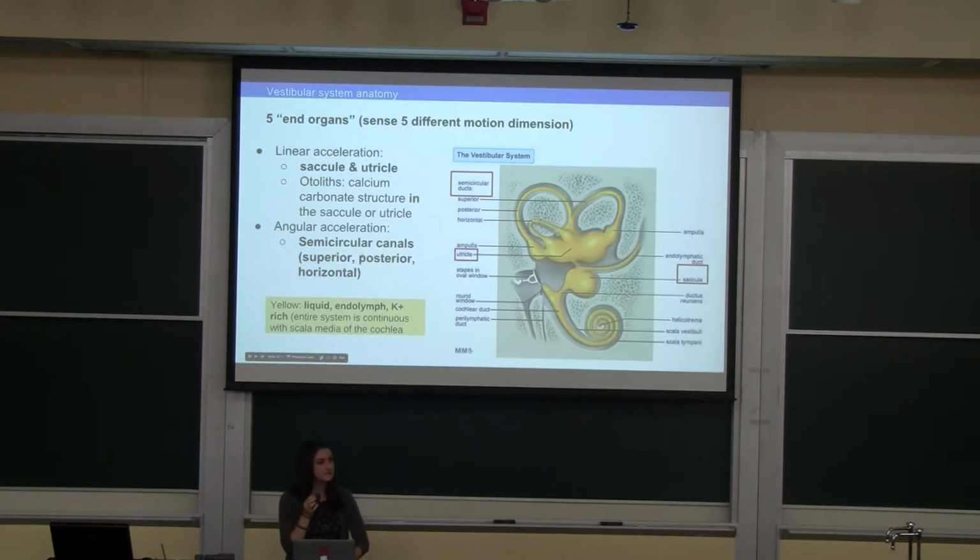So the otoliths are a sub-part of the utricle and saccules, or inside of it? Yes. And what's the structure of it? It's made of calcium carbonate.